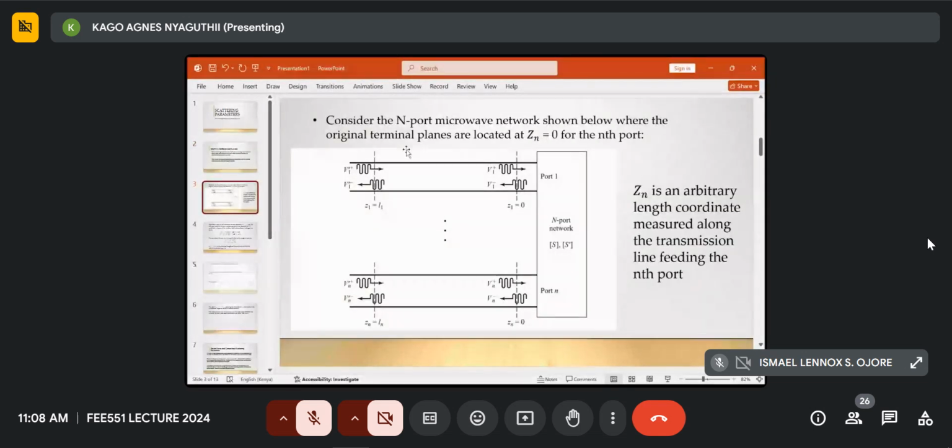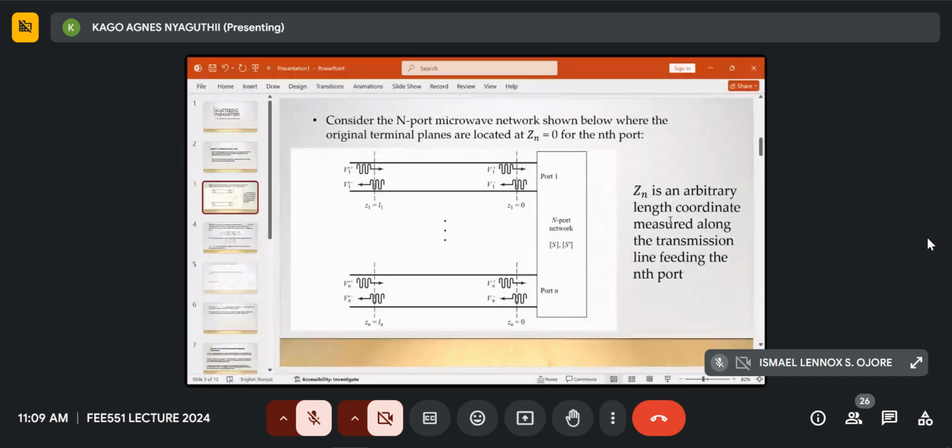So consider an N-port microwave network shown where the original terminal planes are located at Zn equals 0 for each port. So here it's Z1 equals 0. And here, as the ports increase, so does the location shift.